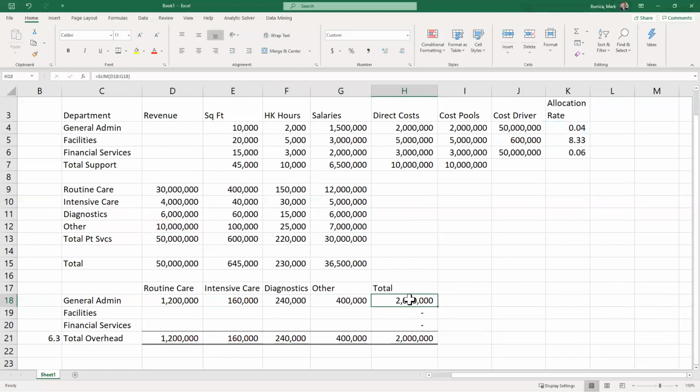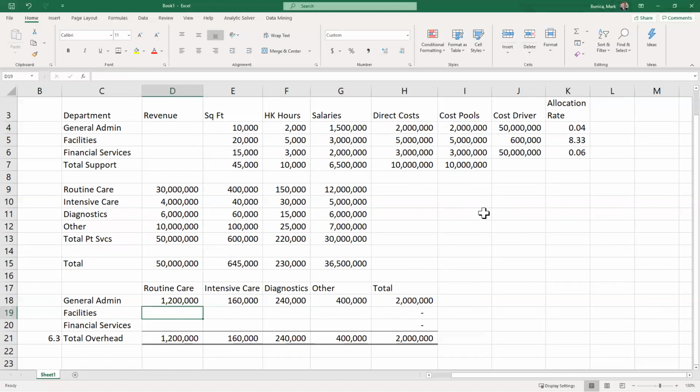And that's 400,000. And notice the sum of the row adds up to 2 million, which matches the cost pool. So that's a good check. Using the direct method, I should be able to add up the amounts allocated to each of the subordinate organizations, and it should add back up to the cost pool.